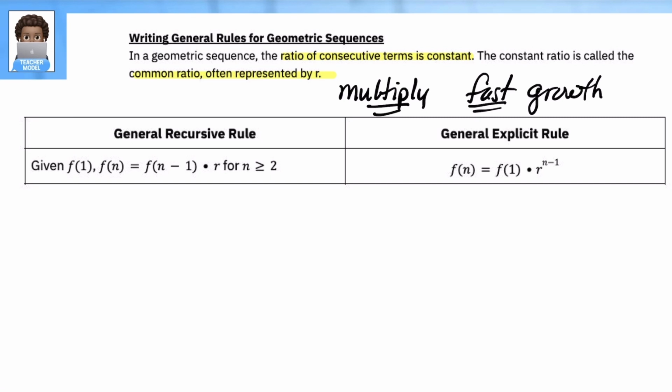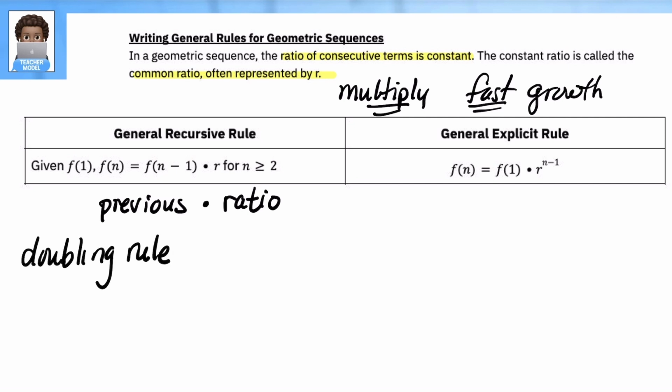So let's look at the 2 different types of rules. We're going to start with the recursive. With the recursive rule, you're still going to have your previous number times your common ratio. So if I'm doubling, like we saw in our problem, the times 2, then it would just be f of n minus 1 times r.